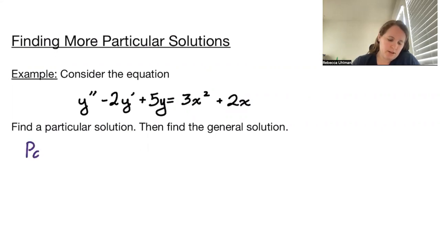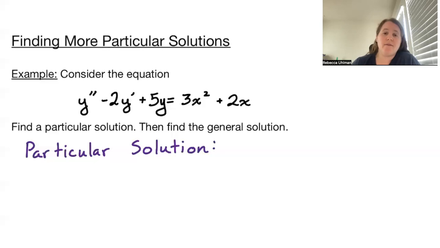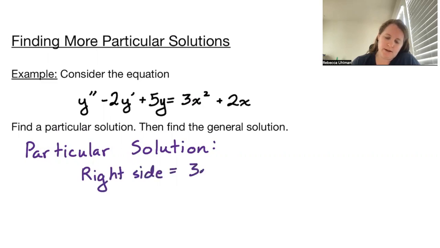So for a particular solution, we consider that right-hand side. The right side of our equation is 3x squared plus 2x.